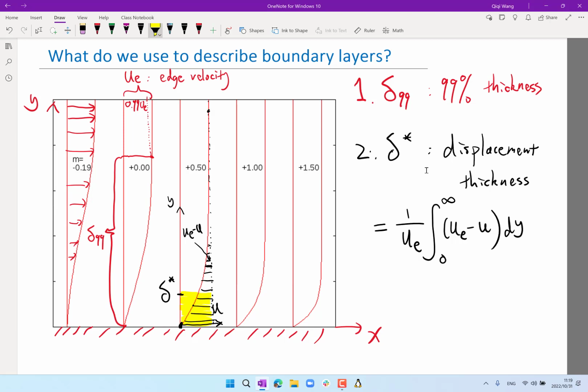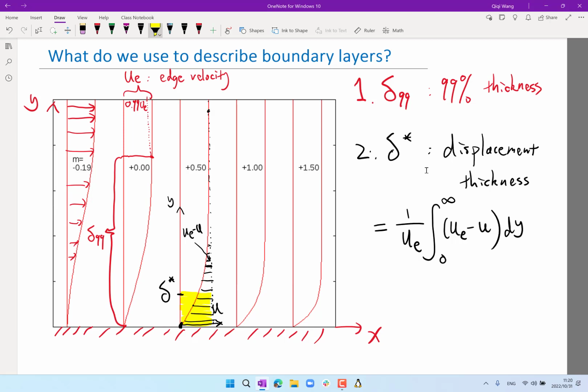Another interesting thing is that this thickness actually has a significant effect from the point of view of conservation of mass. So think about what a streamline would look like if the streamline started from the free stream and ended up somewhere over here.